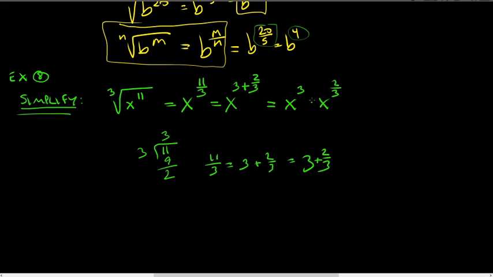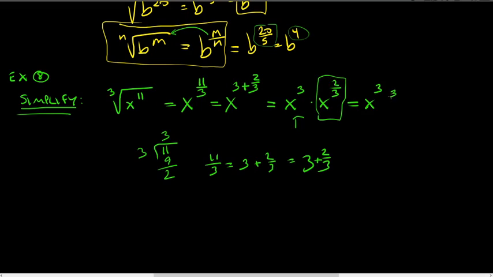Now x to the 3 is perfectly fine. x to the 2/3, remember, that's the same issue. We don't want a rational exponent, we want a radical. So now we have to go back. The x to the 3 is fine, but what is this thing here? Going back to a radical, m is 2 and n is 3.